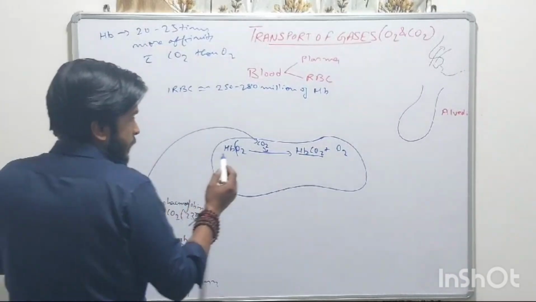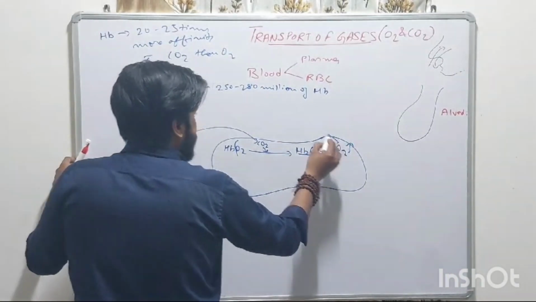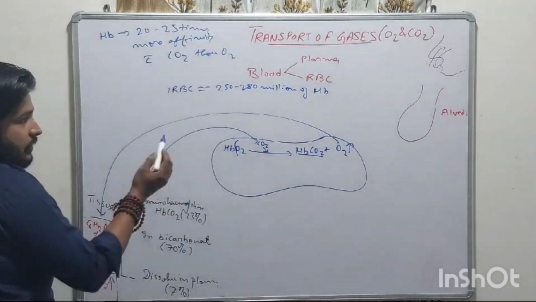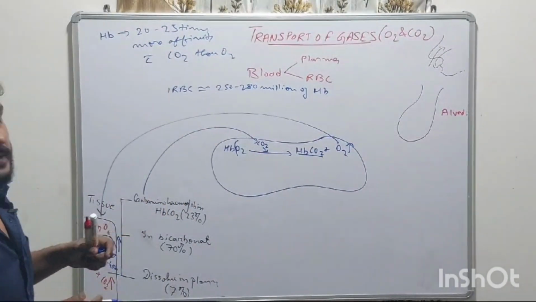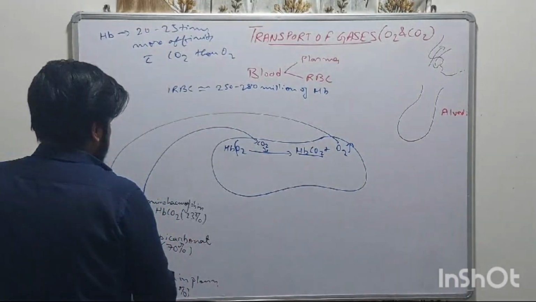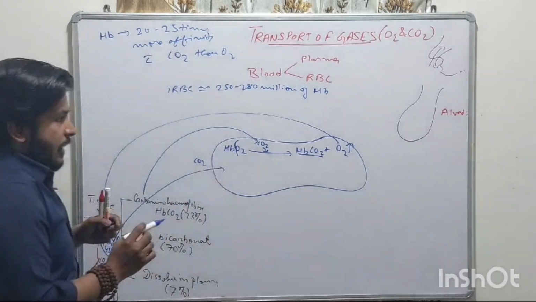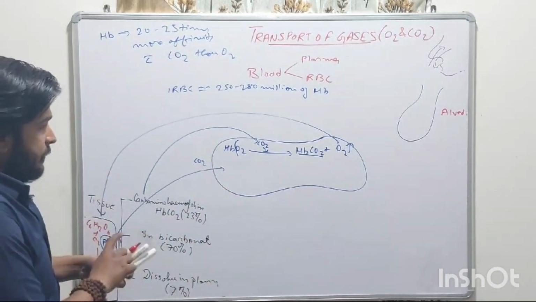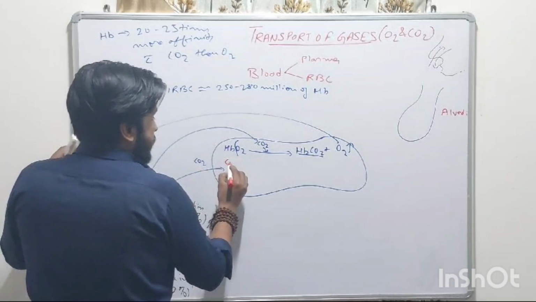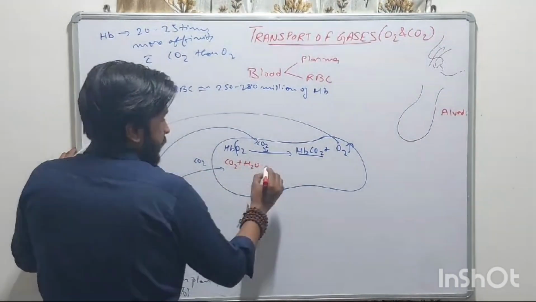Now this is one case where the oxygen is released, and this oxygen is taken by the tissue for further respiration. The other is the bicarbonate form. Again, the CO2 is received by the RBC, and it reacts with water.